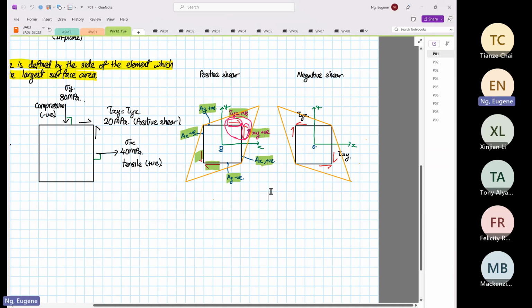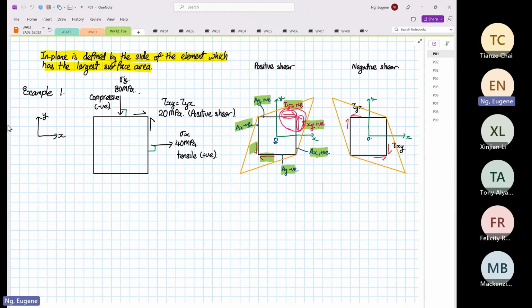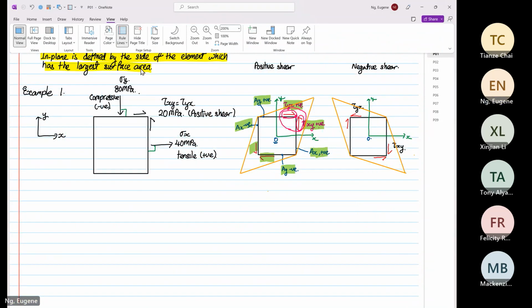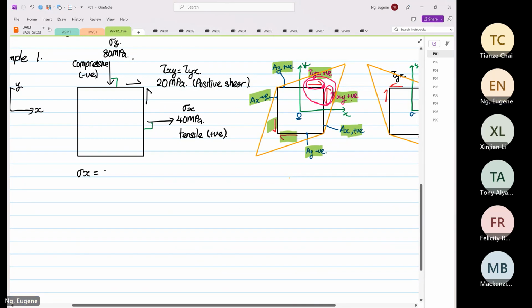Yeah, it did. Right. So we are talking about positive shear and negative shear. So from what we can see over here, if we look at our stresses, we know that stress X is equal to positive 40 megapascal.